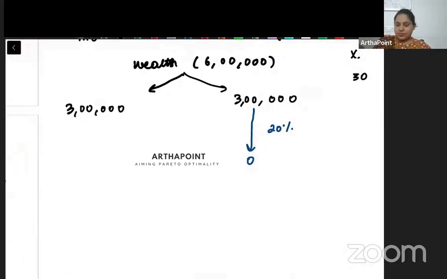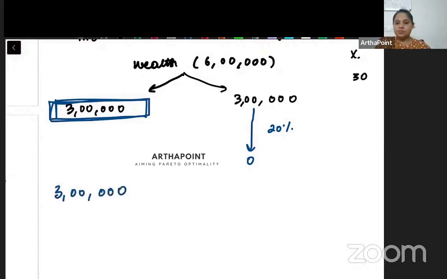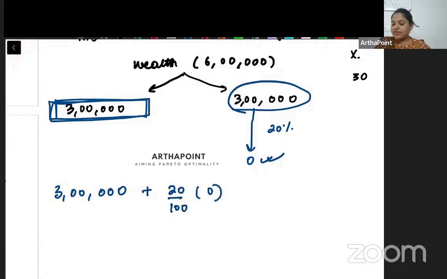So next year, whether there is an accident or no accident, I will definitely have this 3 lakh intact. This 3 lakh is not going anywhere. But if there is an accident, the remaining 3 lakh will become 0. And the chance of that is 20%. So with 20% probability, I will have the remaining as 0. And with 80% probability, the remaining will be intact. There will be no accident in the factory.